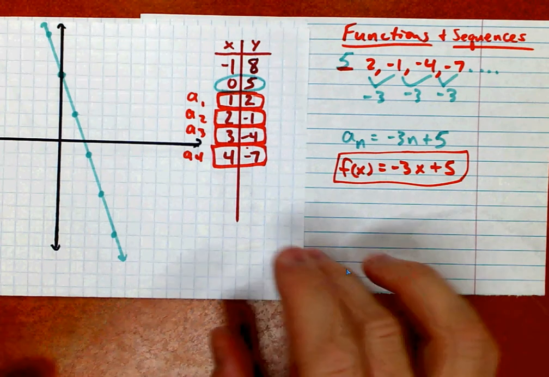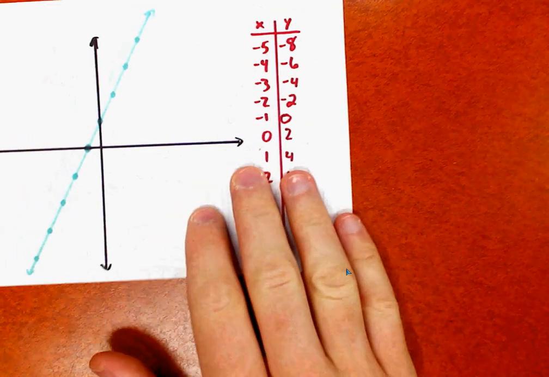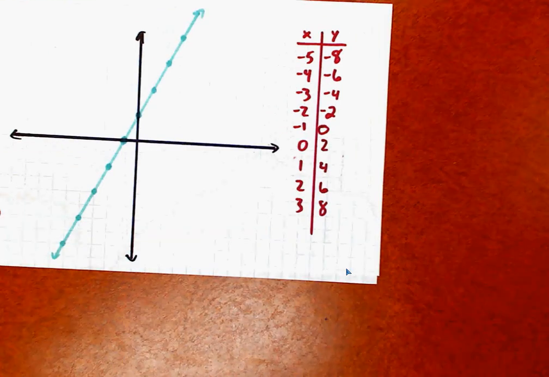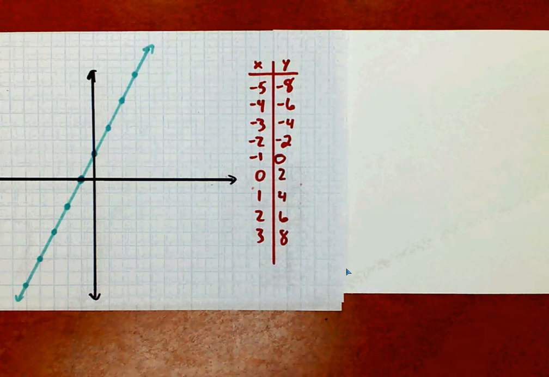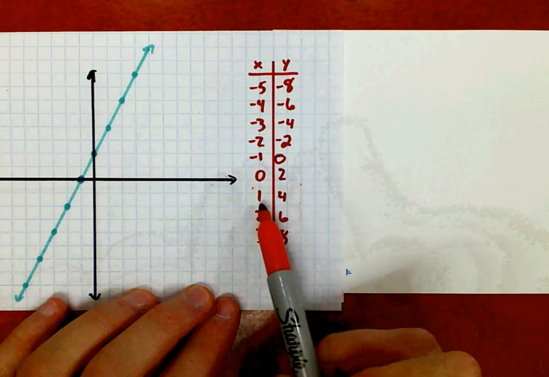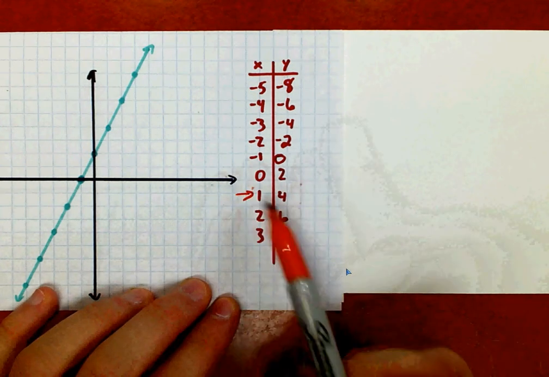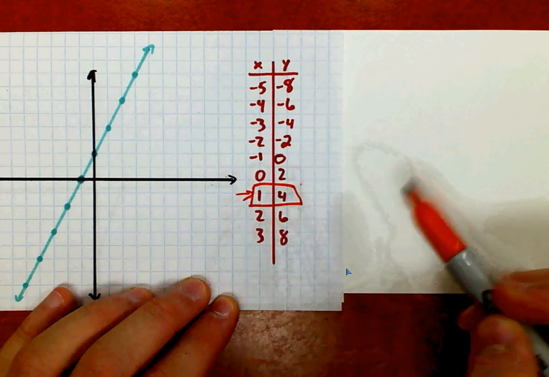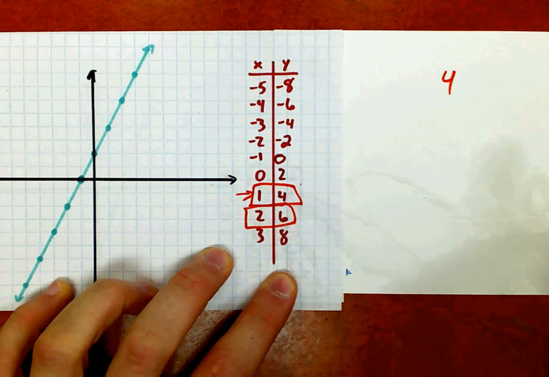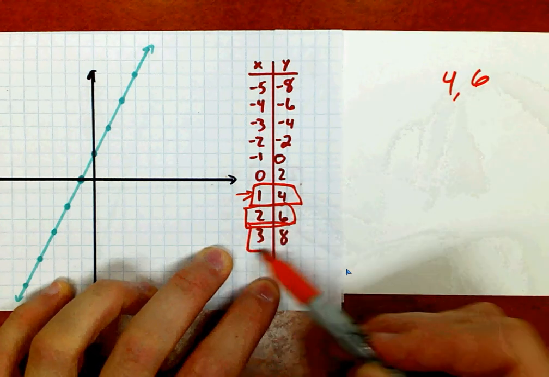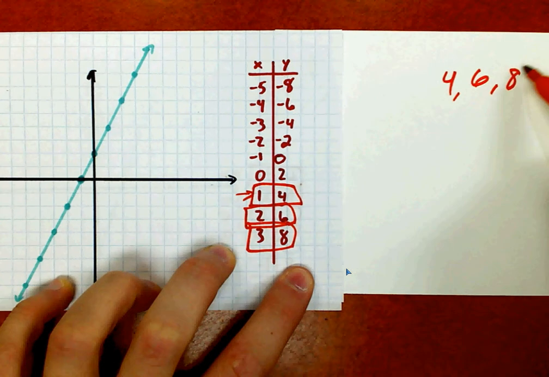Let's try it again with the other one that we did in class. So here you have your relation over here, and again let's consider that the first term in the sequence is 4, and the second term of the sequence is 6, and the third term of the sequence is 8.